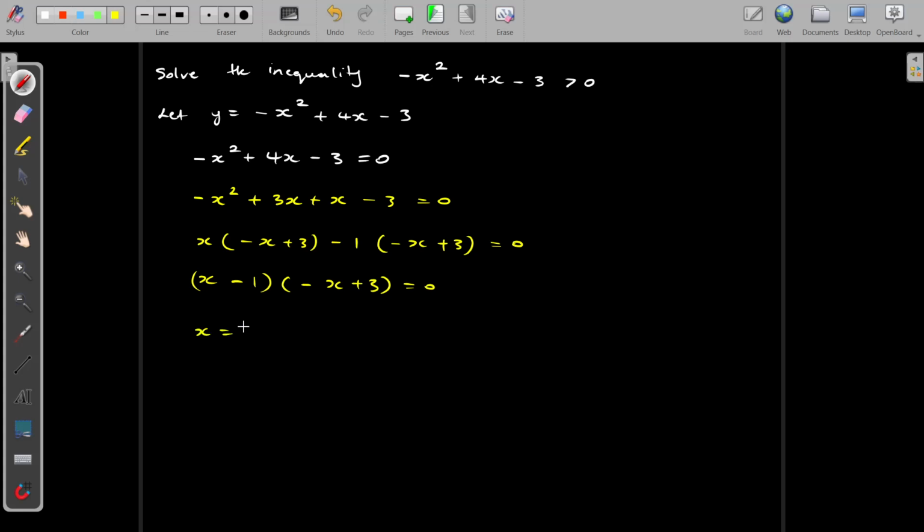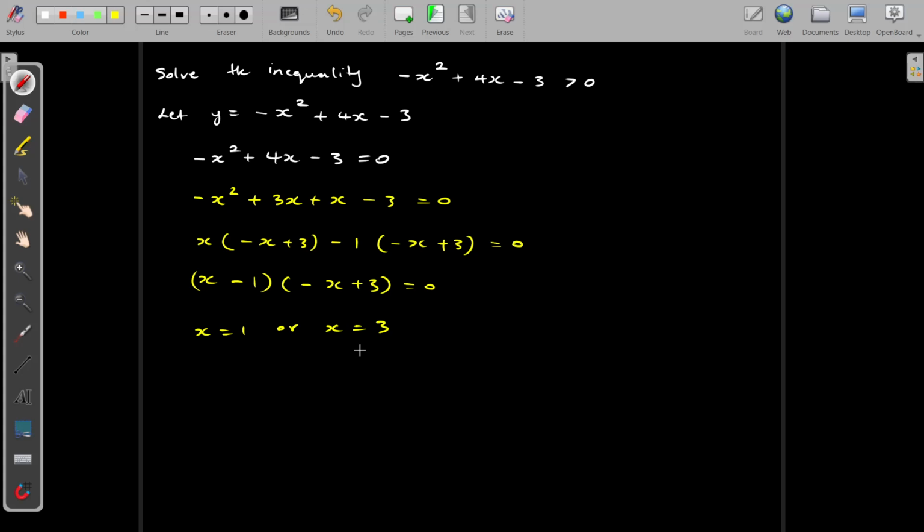So x is equal to 1 or x is equal to 3. So those will be the two solutions that will be on our x-axis. So now the only other thing we would need is the turning point.